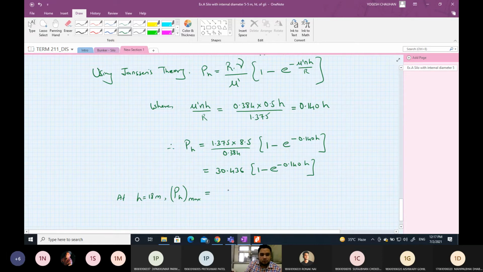The maximum pH will be 30.436 into 1 minus e raised to the power minus 0.140 into 18.